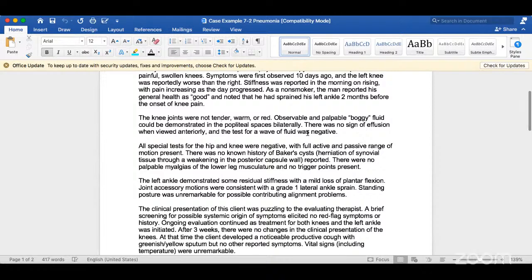Maybe if a detailed assessment had been done, she could have picked up some of these things that are now manifesting after a few days of intervention. So that's another aspect that I want us to look at. Okay. The importance of system review again, because a patient came in with a knee problem or ankle problem does not exclude us from knowing whether there are other underlying pathologies that have not manifested.